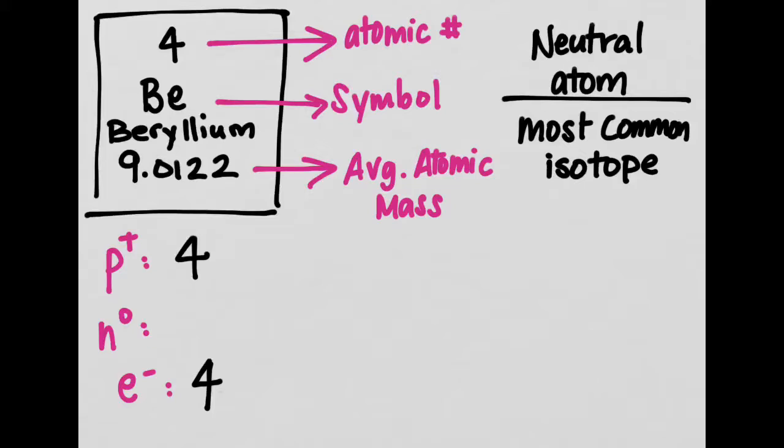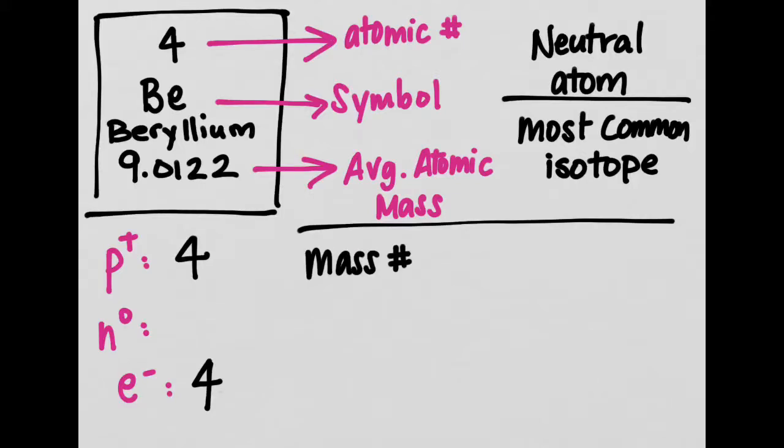How do I figure out how many neutrons I have? It's a matter of mass. My mass number is always going to be equal to the number of protons plus the number of neutrons. Remember, my protons and my neutrons have mass, and my electrons have so little mass in comparison that I don't count them. So to find out what I have, I fill in the mass number, which in this case is going to be 9, because remember, I'm rounding down or up as necessary to get a whole number.